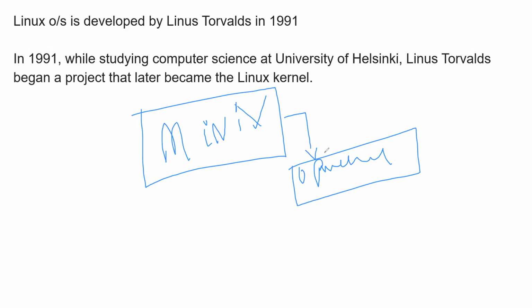Everyone said okay, even Linus Torvalds was one of them. But Linus Torvalds was a little different. Why? He had a lot of interest in open source operating systems. You will ask how he got that much interest: his grandfather was part of an open source Unix project.